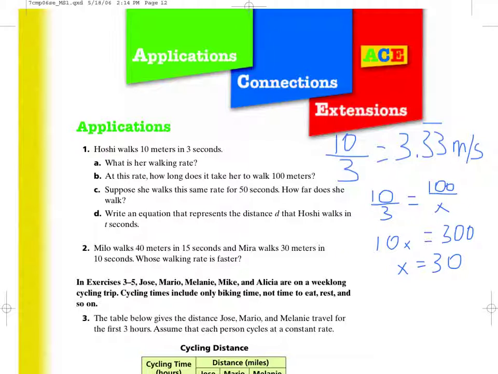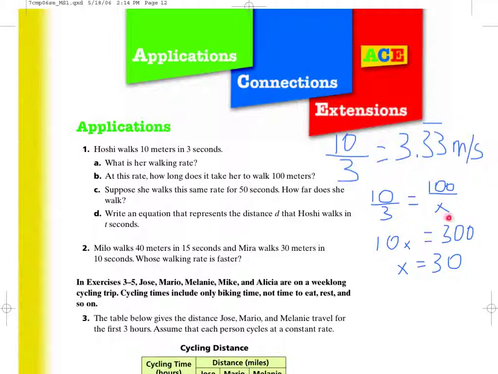Okay, the next question, B. At this rate, how long does it take her to walk 100 meters? Well, we can just set up a proportion. So, since it takes her 10 meters in 3 seconds, that's going to equal 100 meters over x. So x is what we're trying to find out. We're trying to find out how many seconds it takes her.